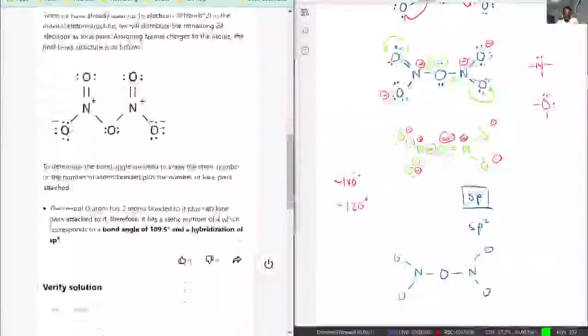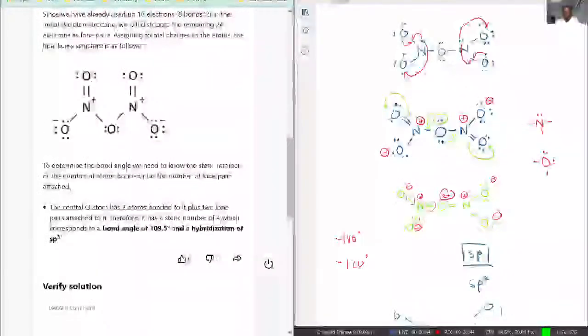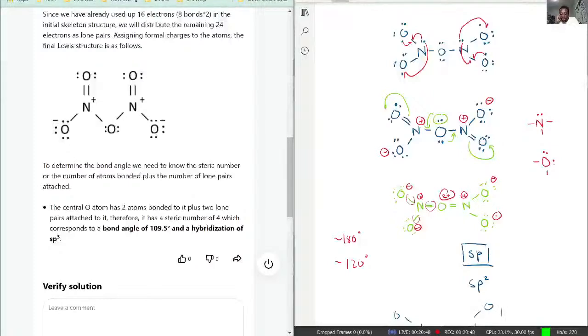They say the central O atom has 2 atoms bonded to it plus 2 lone pairs, therefore has a steric number of 4, which is 109.5, and I have an addition of sp3. So this is where they fail to acknowledge that those lone pairs may not stay on the oxygen. And that's the part I really want to stress with this question.